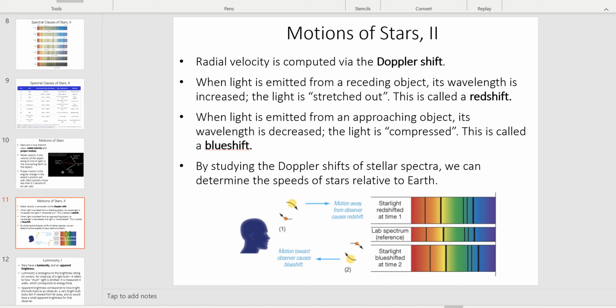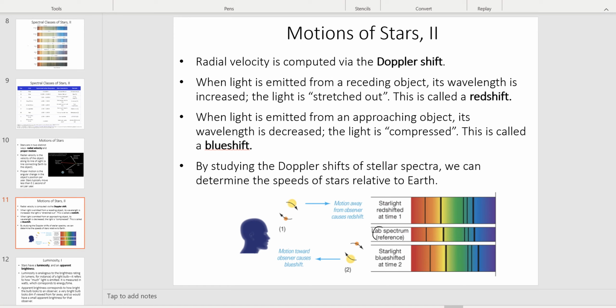So I just want to point out these lines. We match up the spectral lines here to spectral lines that are known for the various elements. And then if a star is redshifted, then all of these lines will be shifted over by the same amount. I cannot do a good job drawing it, but try to stare at this diagram here.